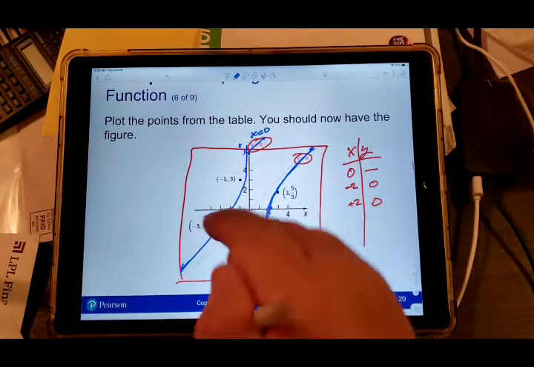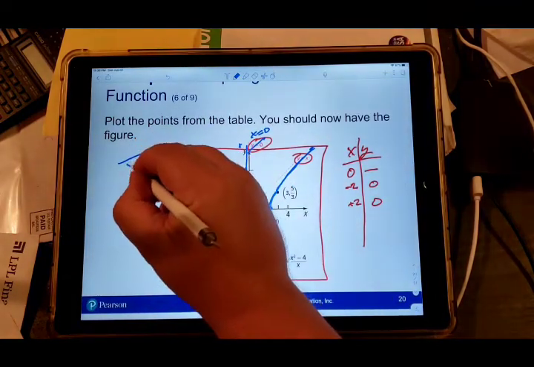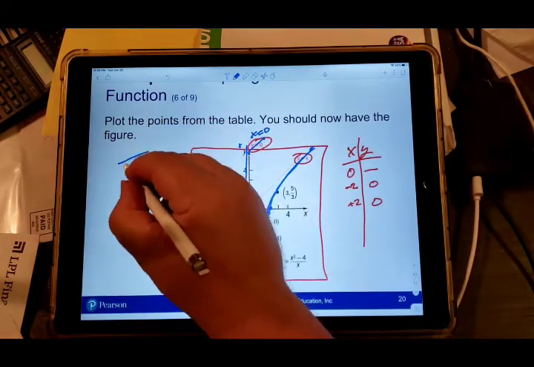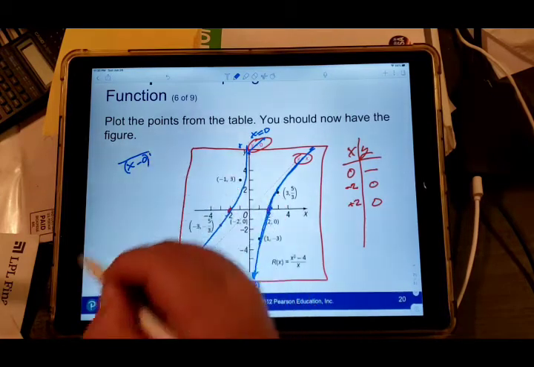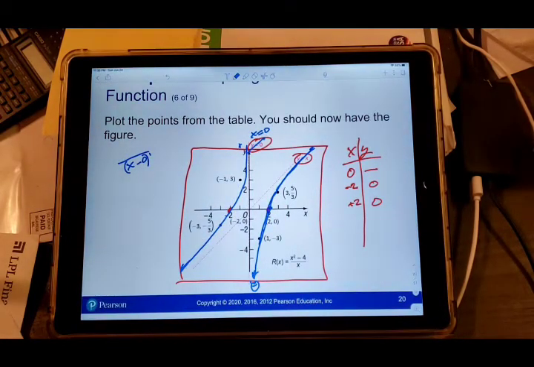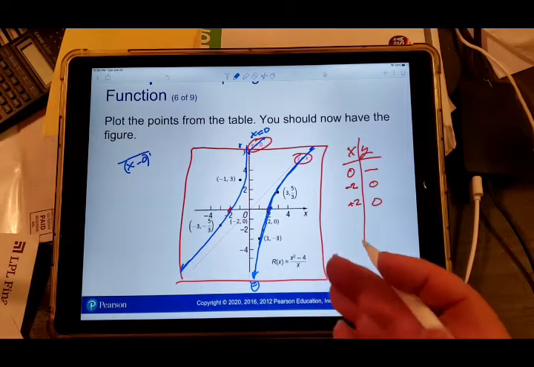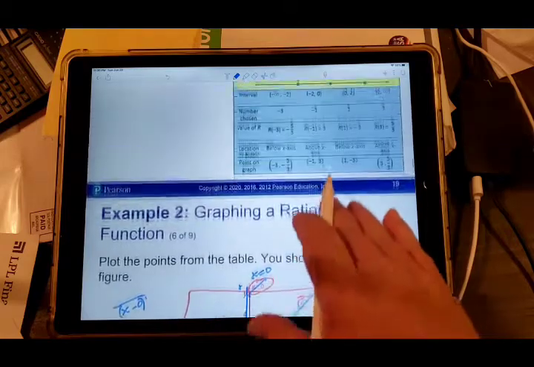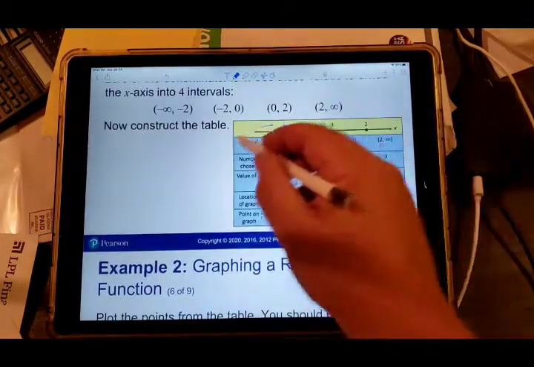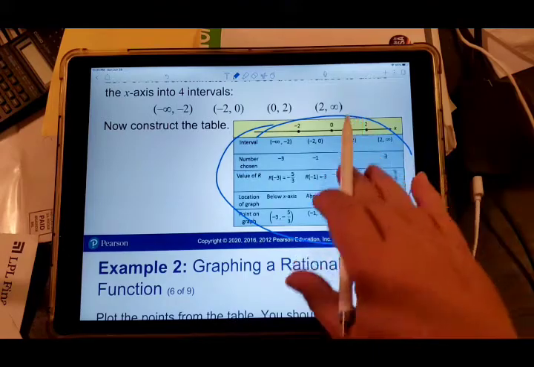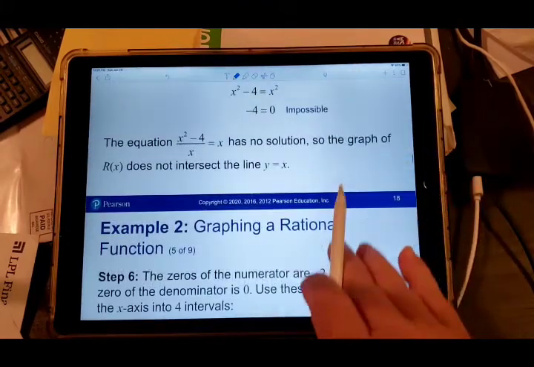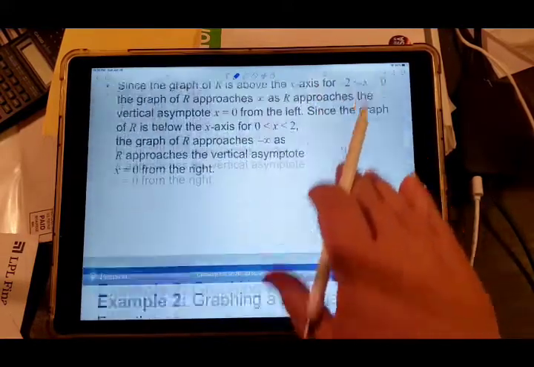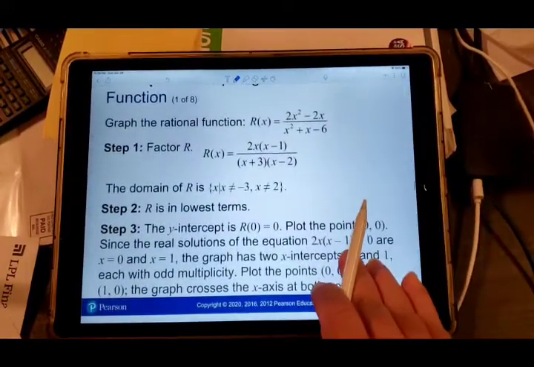Again, I changed sign at the asymptote because the denominator was x, let's call it x minus 0, to the first power, not to the second power or something else. So once again, I know the graph without several pages of analysis, including this whole sign idea and a few other things the author did.